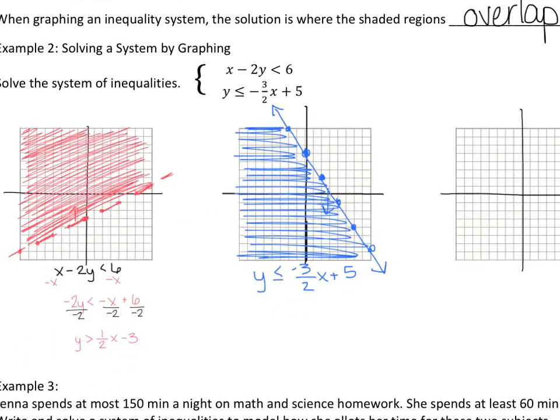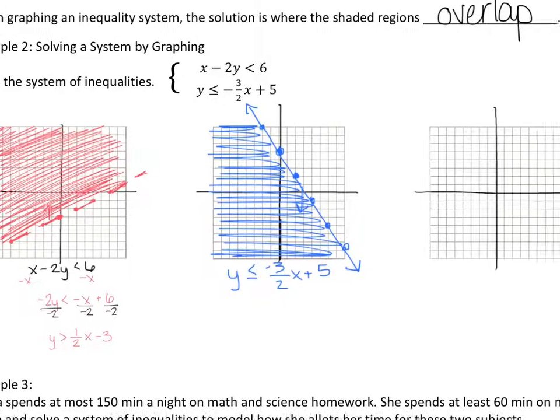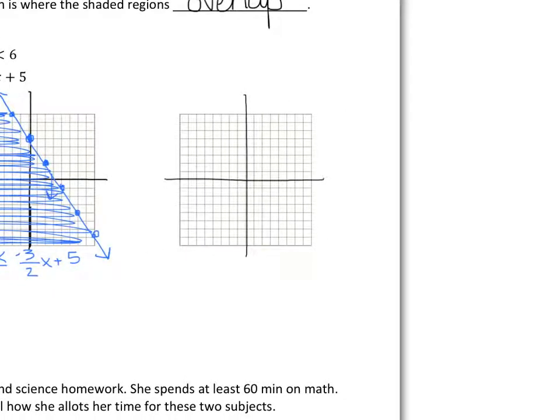So what I want you to do is graph the lines, but don't shade. So we're going to take that first line, and we're going to start at -3 and move up 1 over 2. So graph that one over here. Start at -3, up 1 over 2. And that one was dashed.